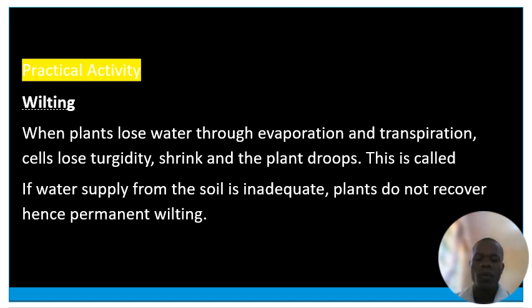This is what we call wilting. If the water supply from the soil is inadequate, plants do not recover, hence they undergo what we call permanent wilting.